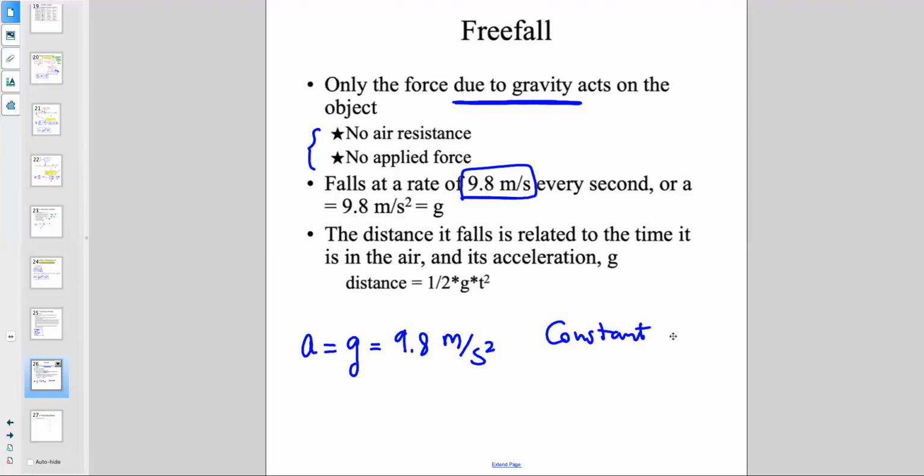Okay, it is a constant value. 9.8 meters per second squared is your G.